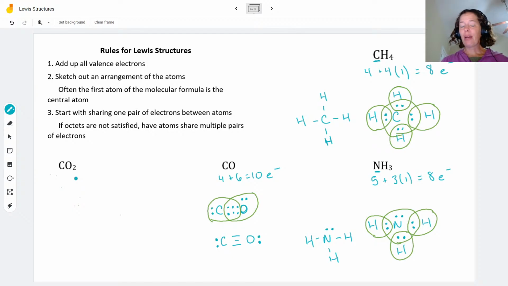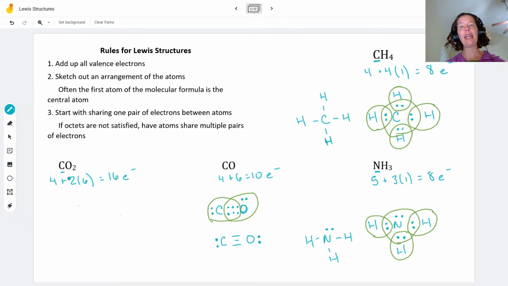All right, so first step, count up valence electrons. Carbon gives me 4. I have 2 oxygens. They each give me 6, so this is 12. And 4 is 16 valence electrons. Okay, start with my central atom. It's going to be carbon.